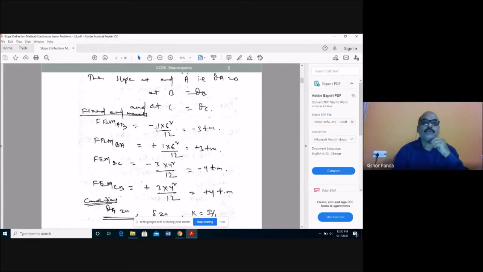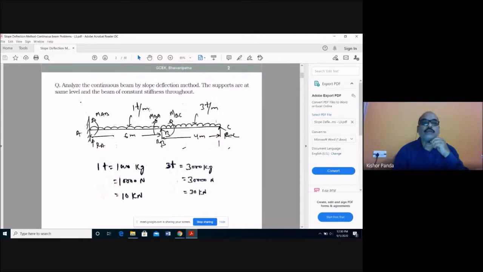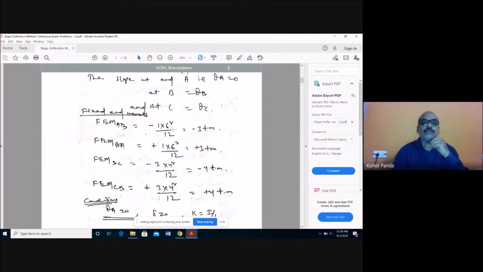So FEM AB is equal to minus 1 into 6 square by 12, because the load is 1 ton per meter and the length of the beam is 6. So minus 1 into 6 square by 12, this is minus 3 ton meter, and fixed end moment BA is equal to plus 1 into 6 square by 12, so this is plus 3 ton meter.